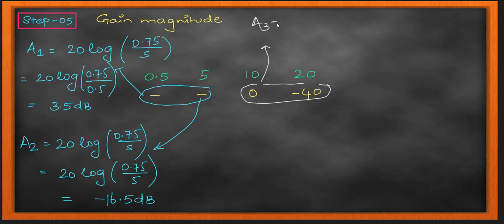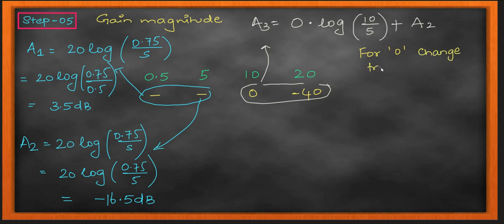Good, this is for the first gain. For the second gain, it is 20 log 0.75 by 5. For the first two corner frequencies, we are using the first pole, the pole at the origin, that is 0.75 by S, applied to A1 and A2.